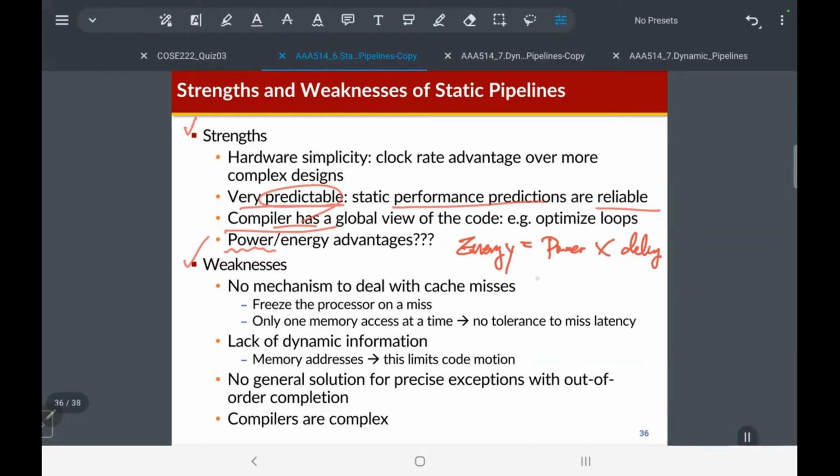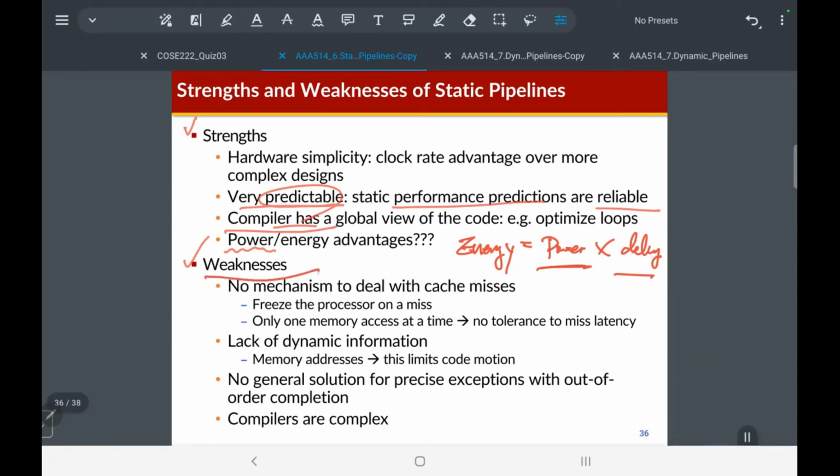We can reduce power consumption with very simple hardware, but if the delay is increased, then energy consumption can also be increased. If we consider the workload in our computer system, we need to consider the energy. And power is actually related to manufacturing cost or cooling cost.